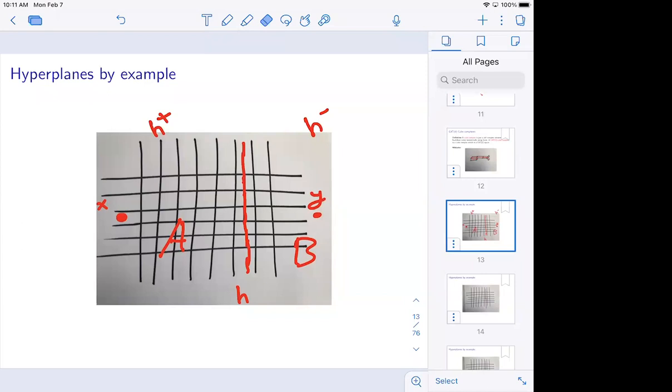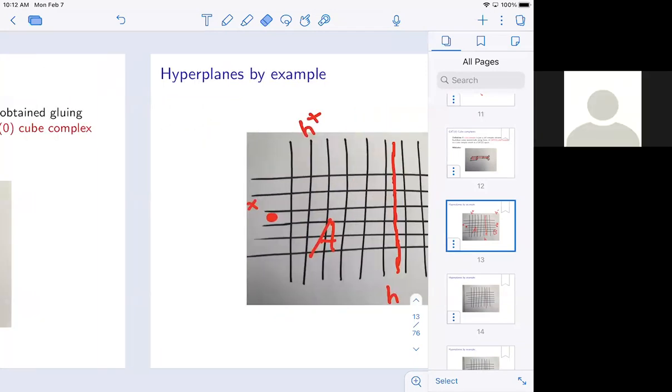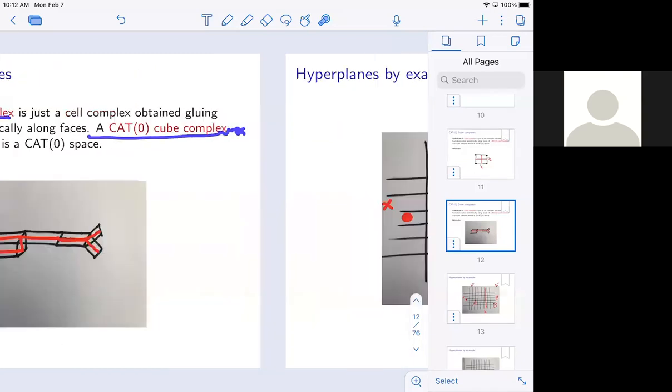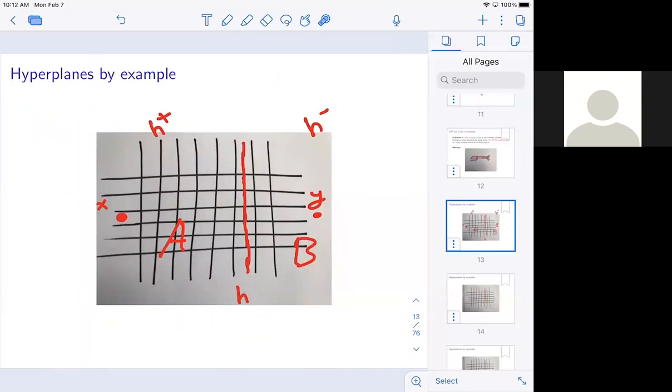I mean, circles are not CAT(0). The way I define CAT(0) cube complexes is you have a cube complex, and you also want it to be CAT(0). Oh, I see. Okay. So in particular, it's contractible. Okay. Yes. Okay. So right.